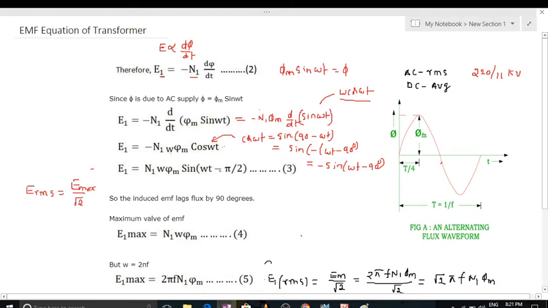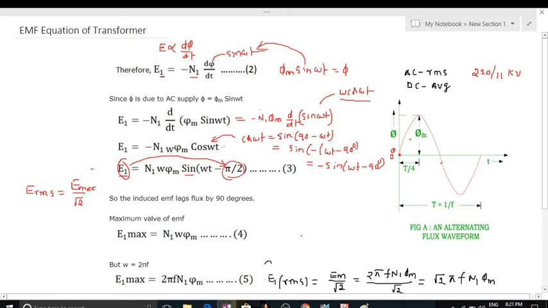Look at this: the flux I have taken as sin ωt. The induced EMF is also a sine wave, but it lags by 90 degrees, which means the flux will start at 0 degrees while the induced EMF starts at 90 degrees.